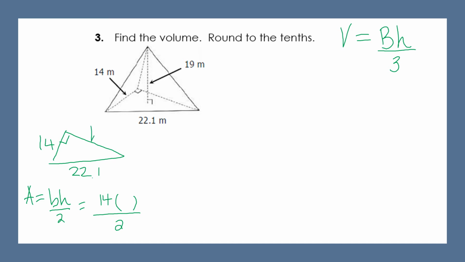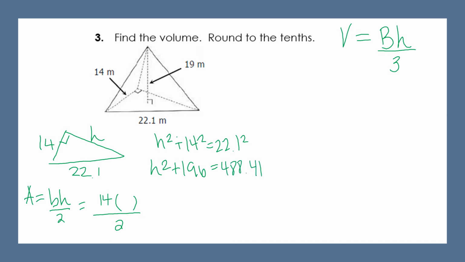I'm going to label it h for height, and I'm going to set this up as h squared plus 14 squared equals 22.1 squared. So 14 squared is 196. 22.1 squared is 488.41.